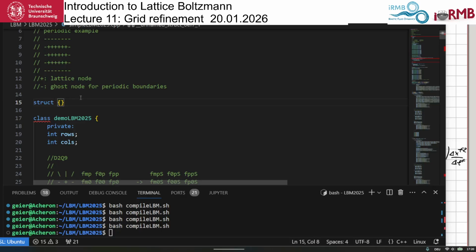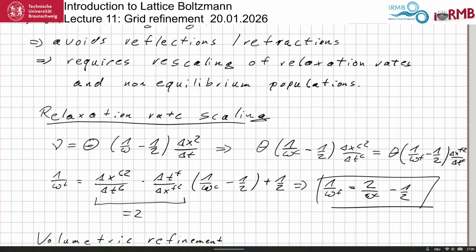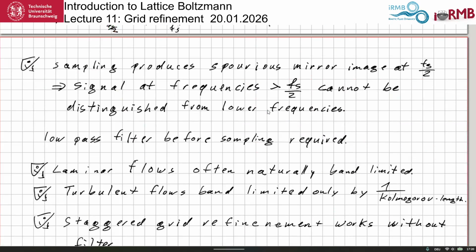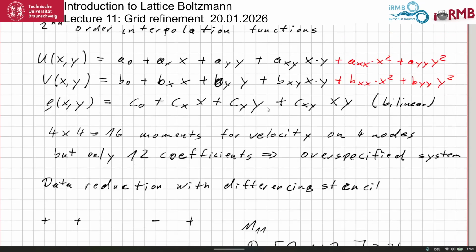Struct interpolation coefficients. Okay, so here we'll have these coefficients, because we need to transport them.